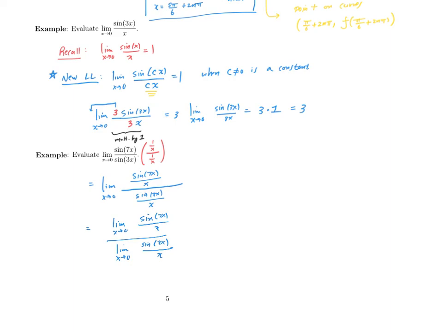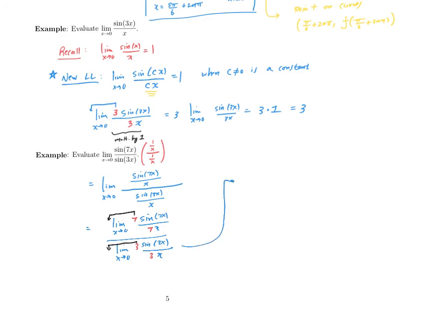And then we're just going to multiply the top and the bottom by 1. We're going to multiply the top by 7 over 7, and in the bottom, we're going to multiply by 3 over 3. And we're going to pull the 7 out of the top and a 3 out of the bottom.